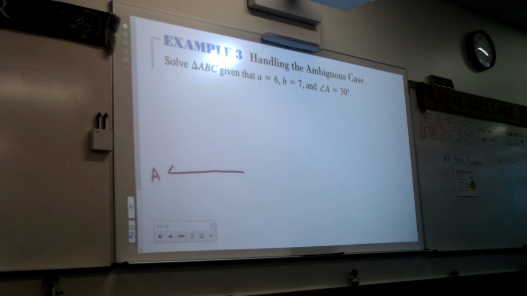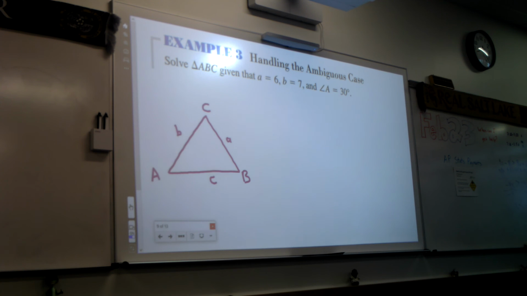So I'm going to draw my picture here. And do I like that? Yeah, good. So this is angle A, this is B, and this is C, which makes this side a, b, and c.